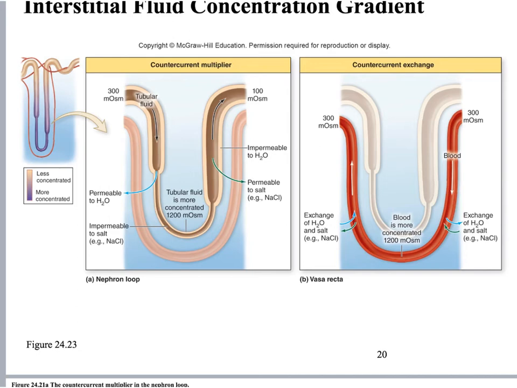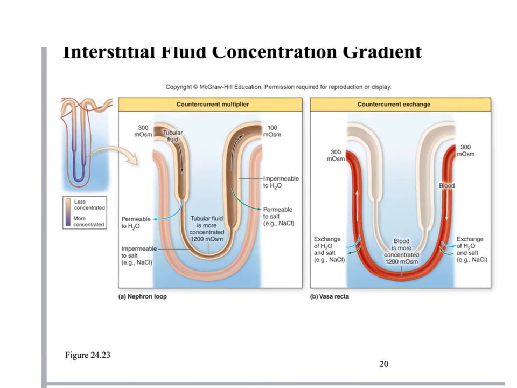This is especially important in the medulla of the kidney. The production of this concentration gradient is extremely important in the reabsorption of sodium, and extremely important in the reabsorption of water. And so there's a whole mechanism of how this concentration gradient is produced.